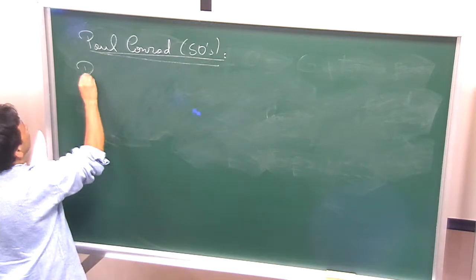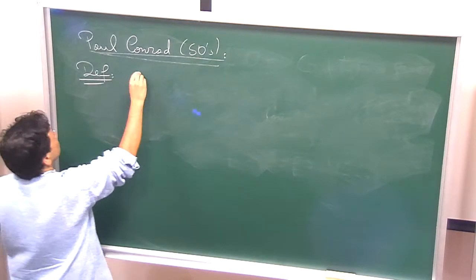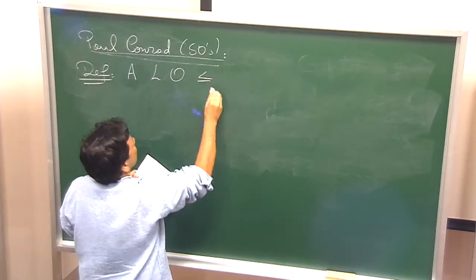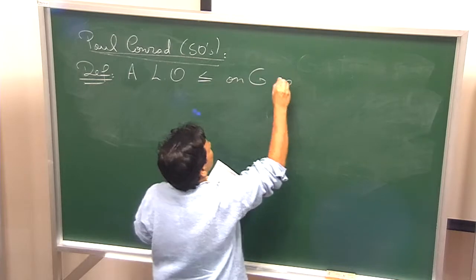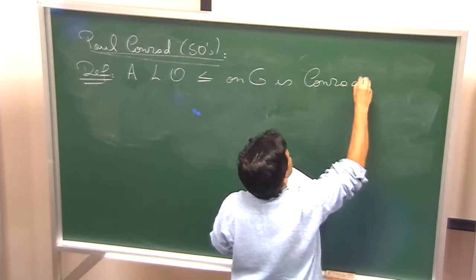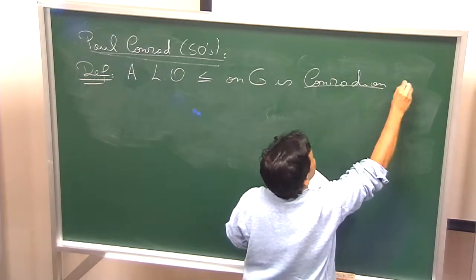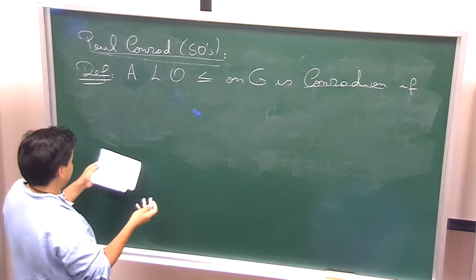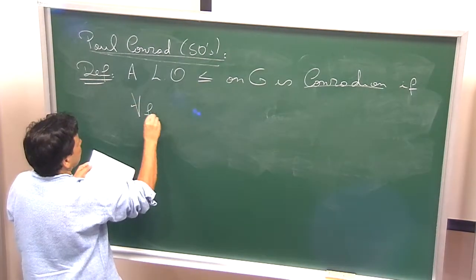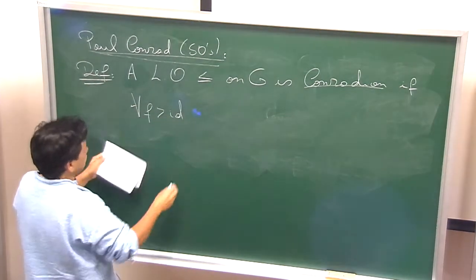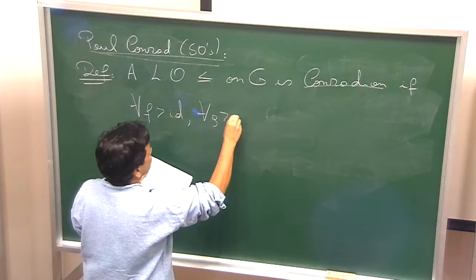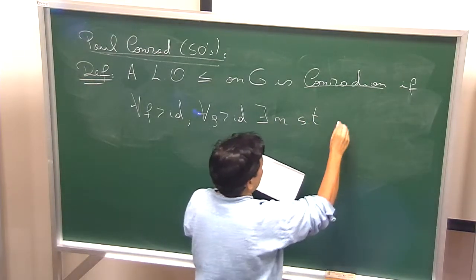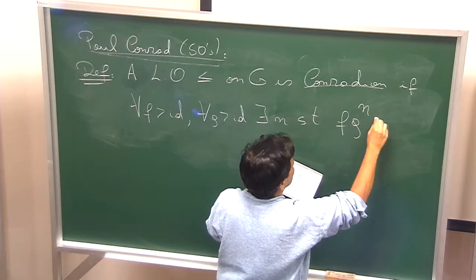So here is the definition. A left order on a group G is Conrad, or Conradian, if, for every f which is positive, for every g which is positive, there exists some n such that f g to the power n is larger than g.